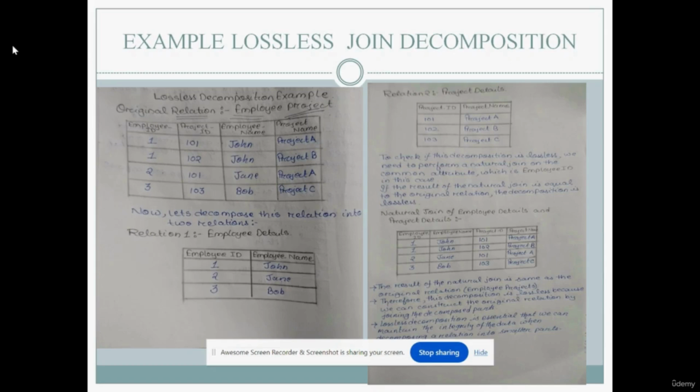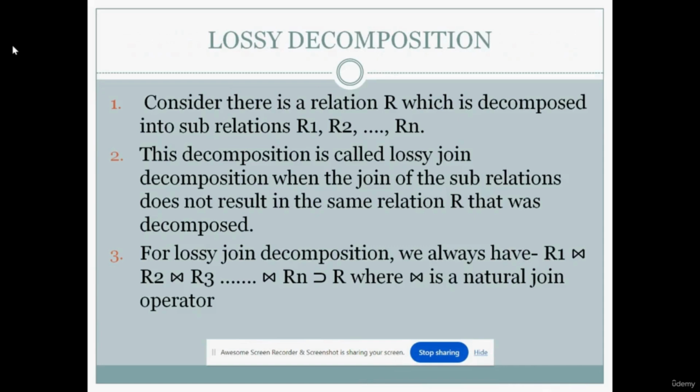See, this original table and the natural join table both are the same. Therefore this decomposition is lossless because we can construct the original relation by joining the decomposed parts. Lossless decomposition is essential so that we can maintain the integrity of the data when decomposing a relation into smaller parts.